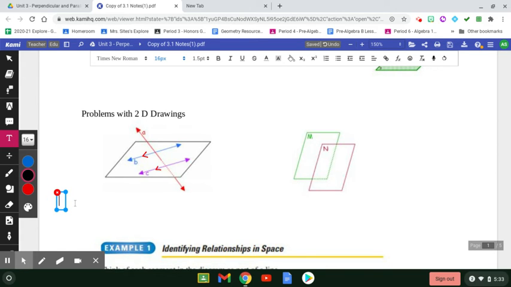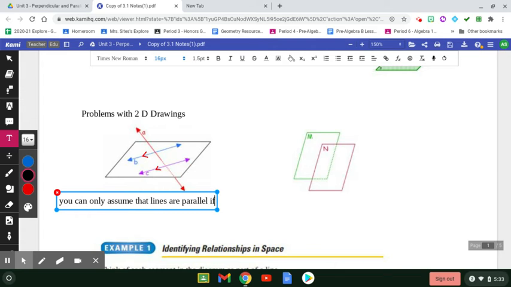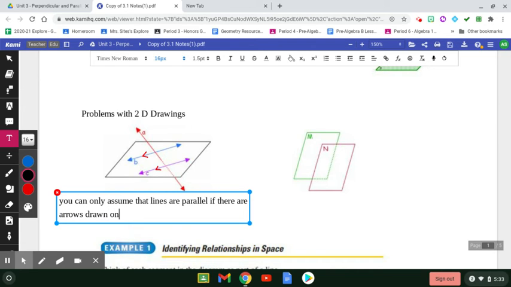You can only assume that lines are parallel if there are arrows drawn on sets of parallel lines.